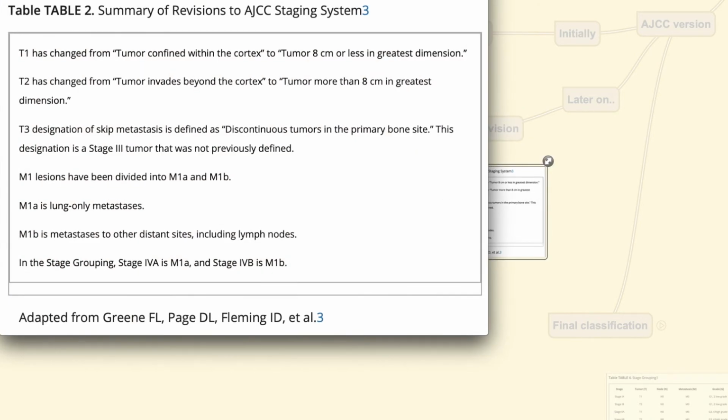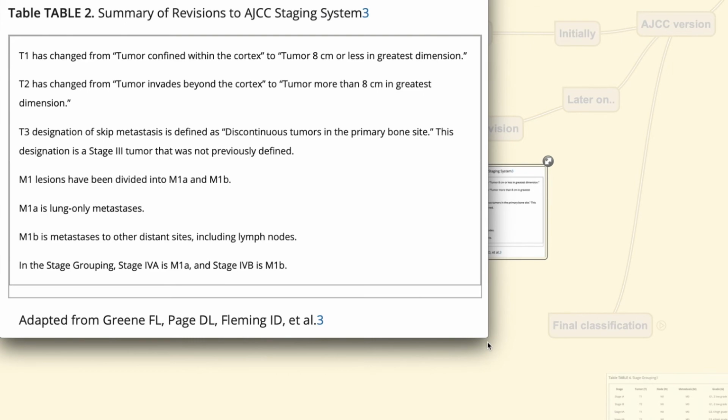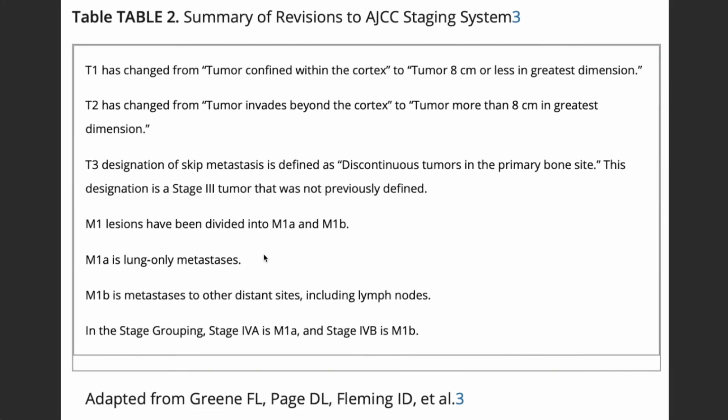Here we can see the summarization. We can see here that now the terminology is rather based on the size of the tumor rather than being unclear, such as the old statement of tumor confined within the context or intracompartmental.